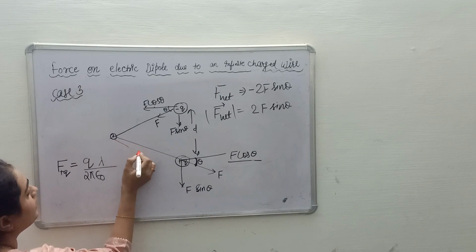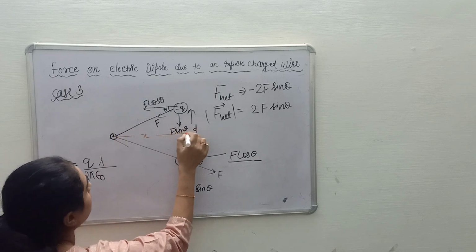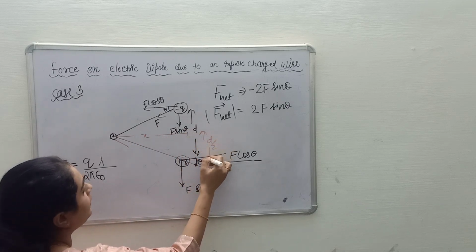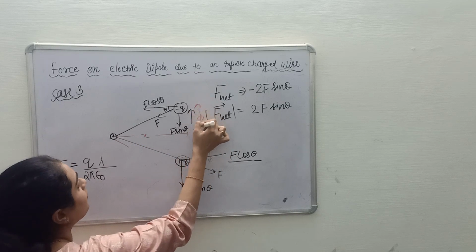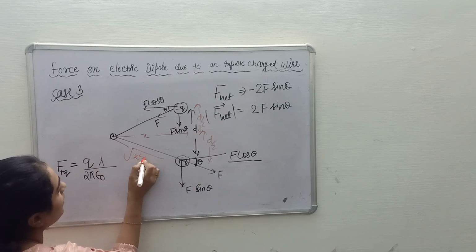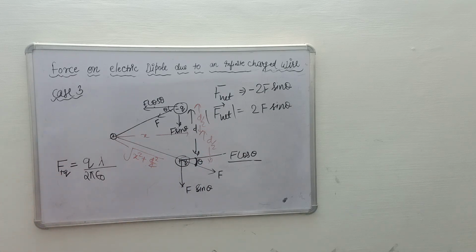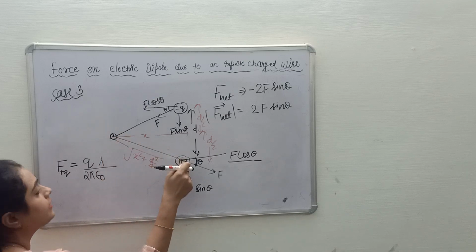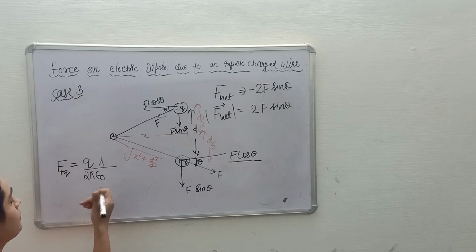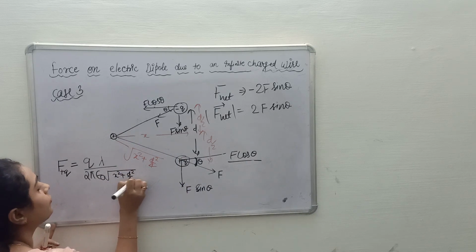So if this distance is x from the dipole, and this is half of the distance, d by 2, and this is also half, then obviously this is the hypotenuse, which is root of x square plus d square by 4, right? So the distance between the charge and the wire is this hypotenuse, x square plus d square by 4.